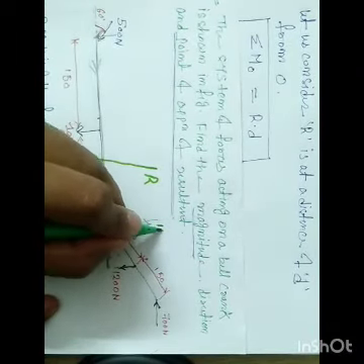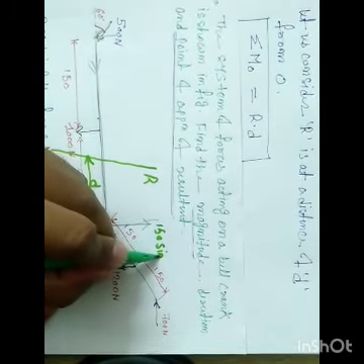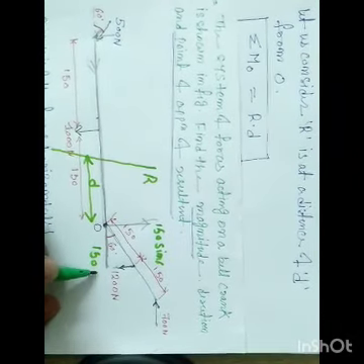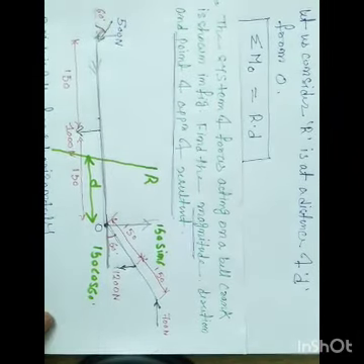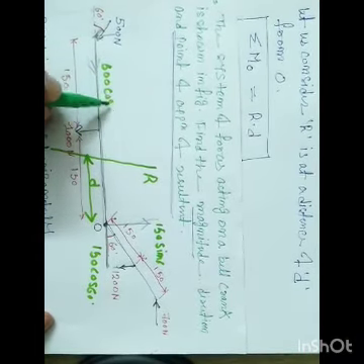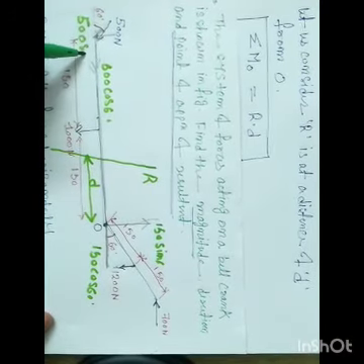The vertical component is 150 sin 60, and its horizontal component is 150 cos 60. Its horizontal component is 500 cos 60 and the vertical component is 500 sin 60.